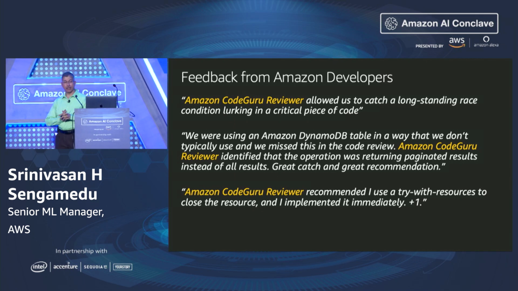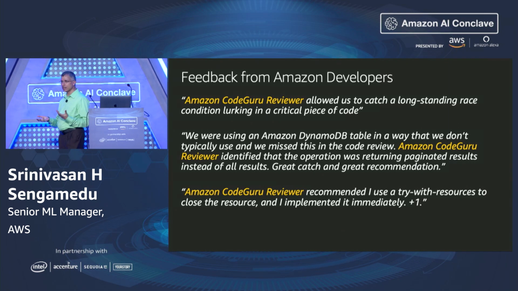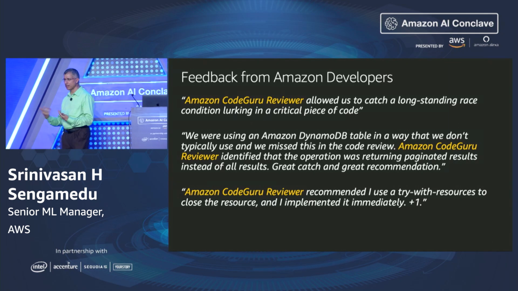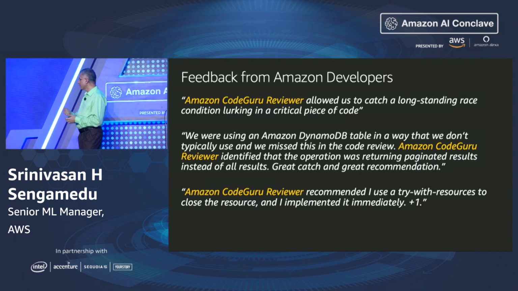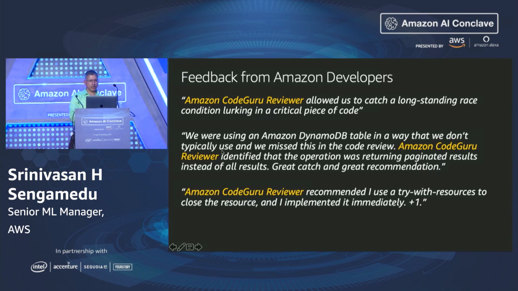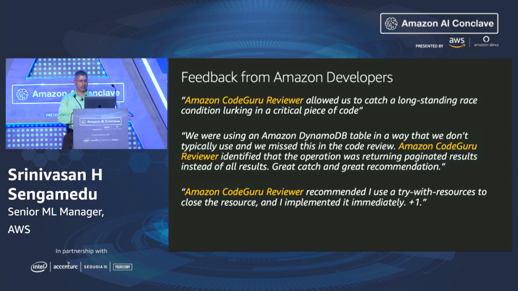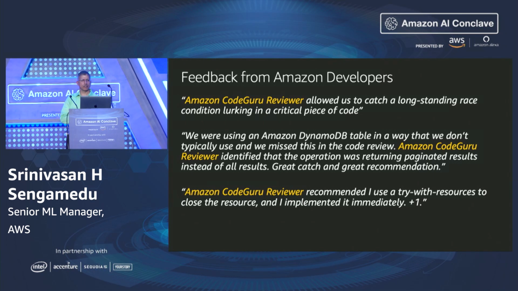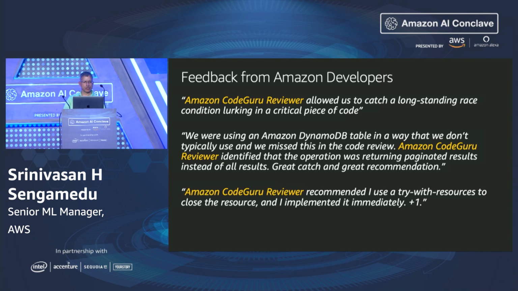Here again, the comment is that this was missed in the code review process, and CodeGuru Reviewer was able to catch it. It's a great catch and a great recommendation. The last one is about the use of resources, and the developer says Amazon CodeGuru Reviewer recommended that I use try-with-resources to close this resource, and I implemented it immediately.